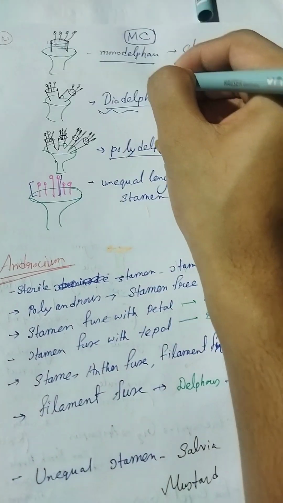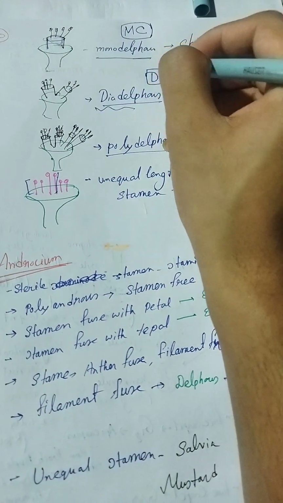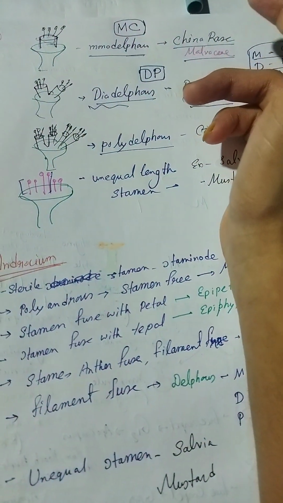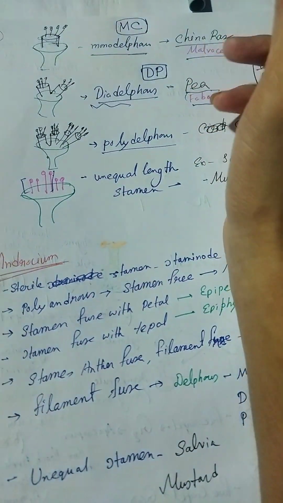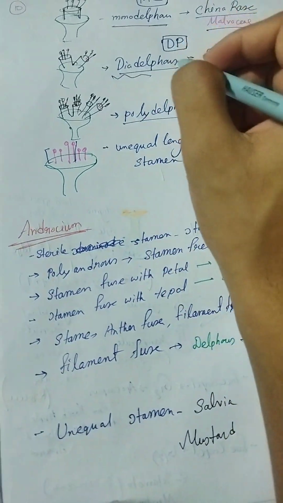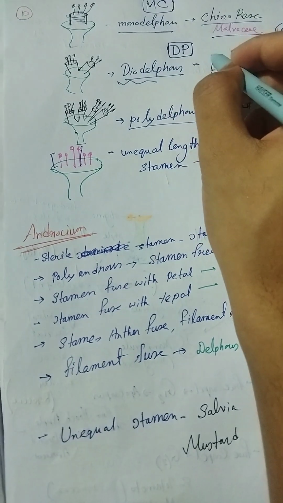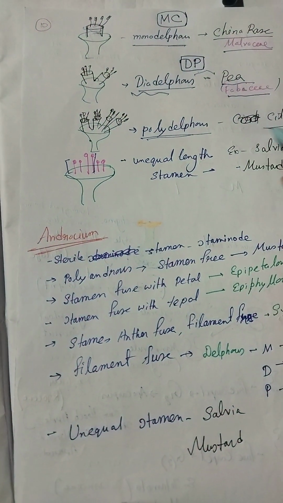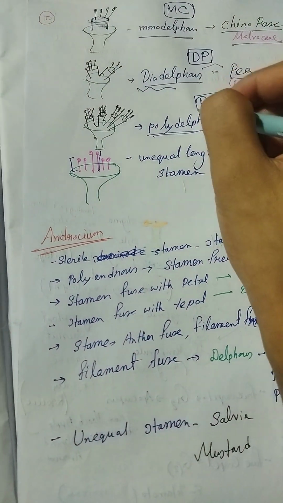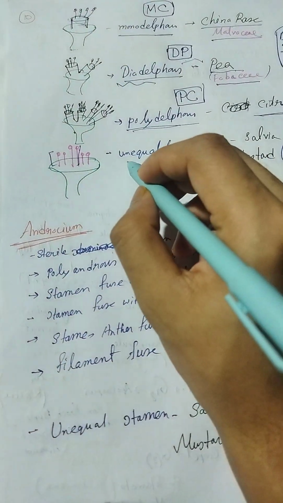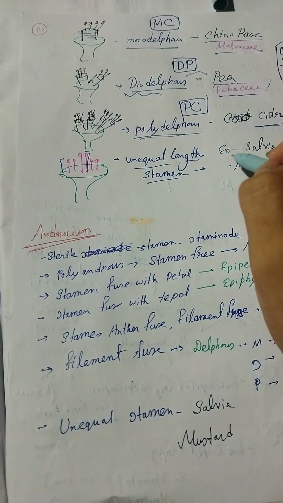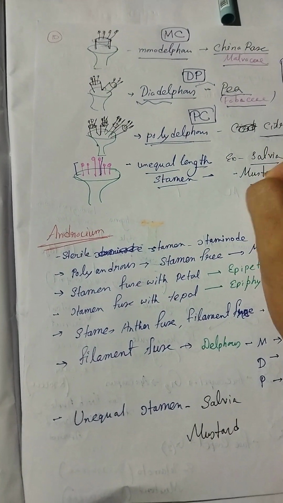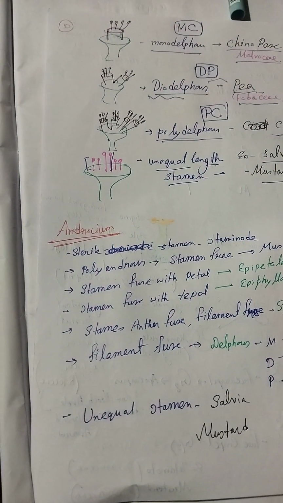In the presentation in previous class, we talked about DP, Dianthus and Primrose, the free central. Also, in case diadelphous, DP is a tree, and polyadelphous is citrus, PC, personal computer or anything. And unequal length of stamen is an example of salvia and mustard. Mustard is a family Brassicaceae.